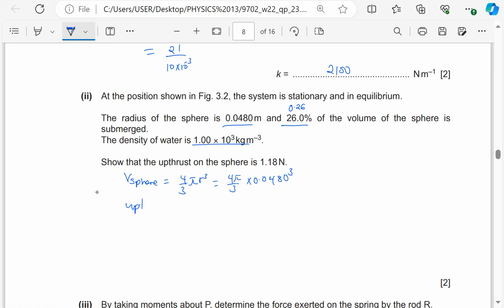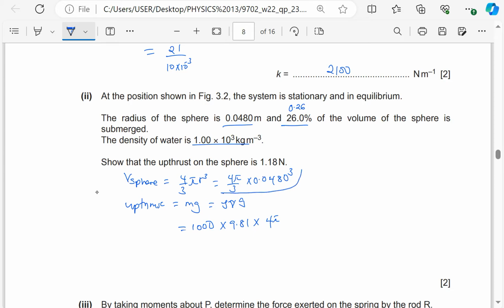And we know that the upthrust is equal to the weight of the fluid displaced, or the upthrust is the weight, which is mg, which is going to be density times volume, then times g. So the upthrust force is going to be the density of the liquid the sphere displaces, which is 1000, times g, which is 9.81, times the volume of the sphere, which is going to be 4 pi.